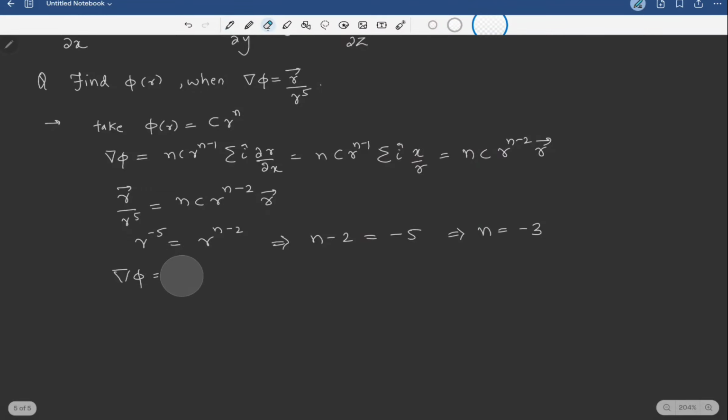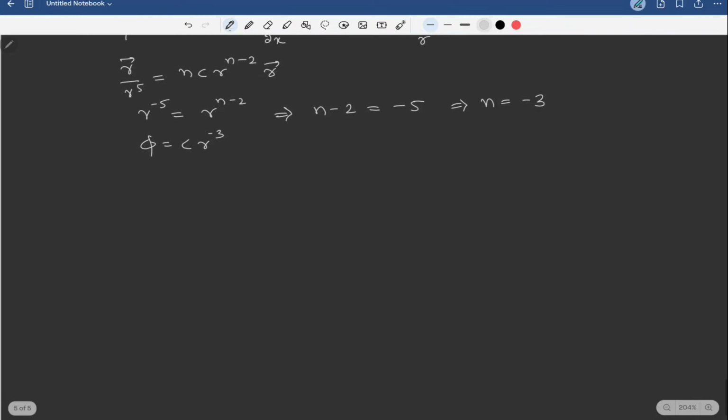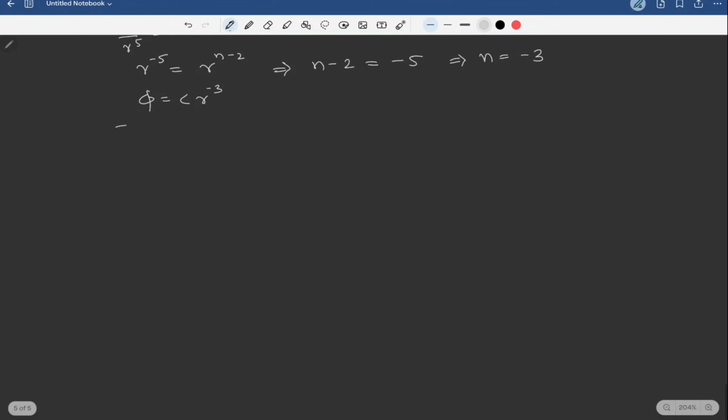Sorry, I stand corrected. This is not grad of phi. This is simply phi is equal to c into r raised to minus 3. Now take the grad. c comes outside, i cap into del by del x of r raised to minus 3.